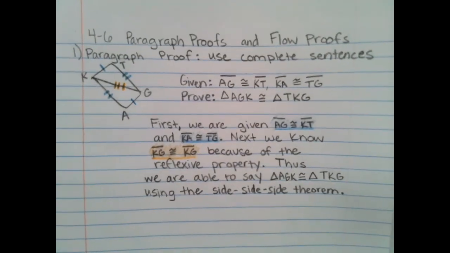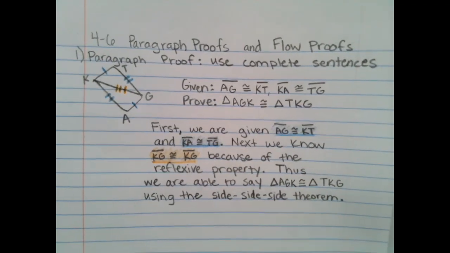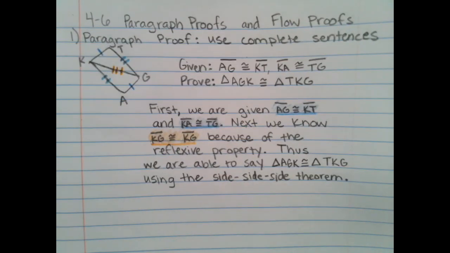Okay? Generally speaking, you are not going to use paragraph proofs unless you are doing something that's more formal, something that you have to present, that you want to show somebody that you've taken time to do this. Okay? Or you might use a paragraph proof if you're presenting to someone who isn't familiar with proofs or familiar with the math, because they might understand it better when they're reading it out rather than seeing the different symbols.